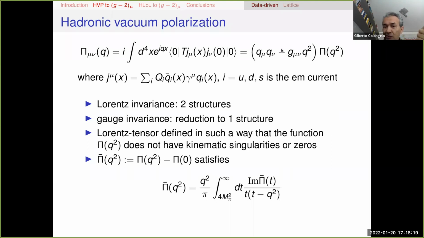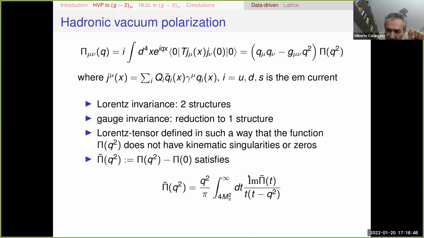Now, it is important also to remark that this structure you can write in many different ways. You could multiply or divide by q squared or powers of it, and the expression would remain valid. However, only with this structure as written here can you say that the scalar function which multiplies it has neither singularities nor zeros, so that you can write a dispersion relation for it.